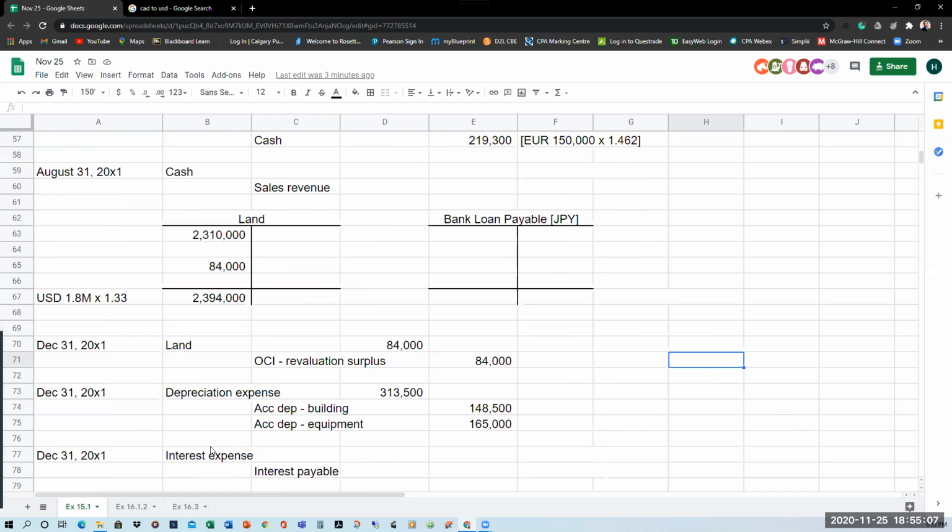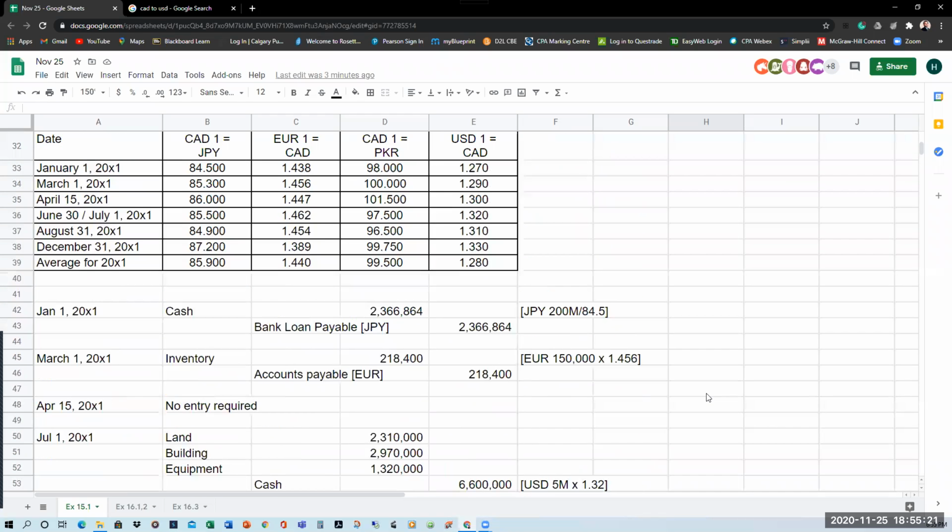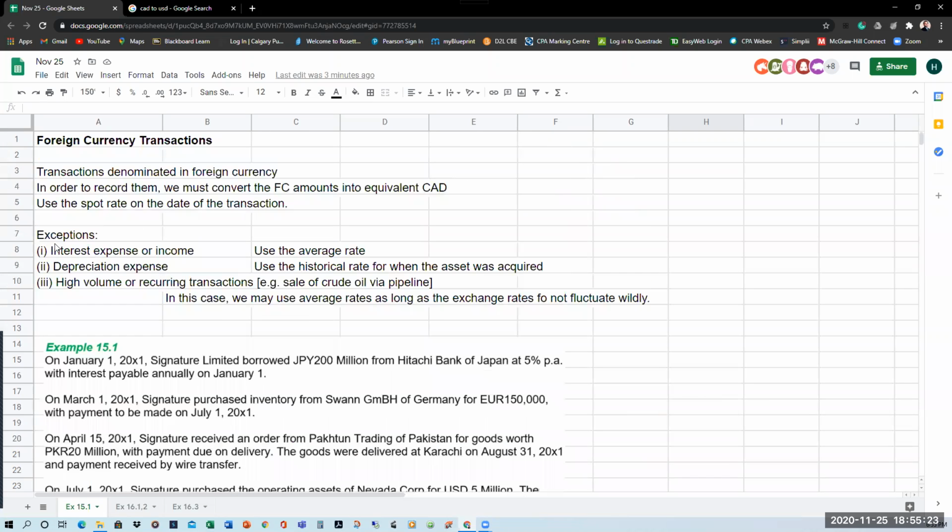So you will debit the interest expense, credit the interest payable. Now, 10 million yen is the amount of interest expense. You have to convert the 10 million yen into equivalent Canadian dollars. Now, when you're calculating the interest expense, or it could have been interest income as well, if the company had lent money in foreign currency, and we could have been recording interest income as well.